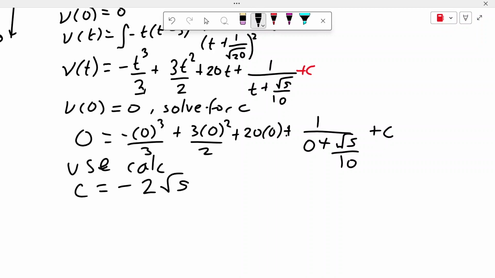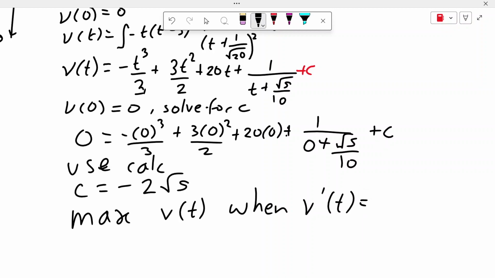So maximum velocity, max velocity when, all right? But let's just double check. What does this thing look like when we graph it?